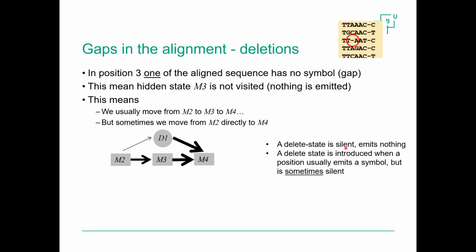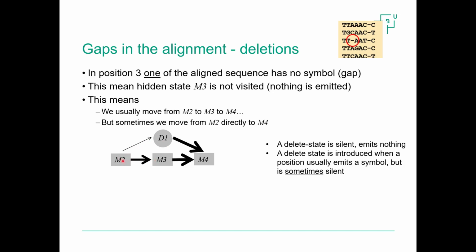So a delete state is silent, as we call it. A delete state is introduced when a position usually emits a symbol, but is sometimes silent. So notice that this is the majority way of doing it. This is the minority way of doing it. And that's why this arrow is slim and this is thick.